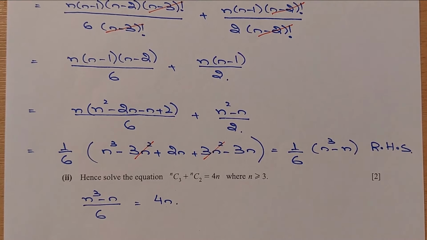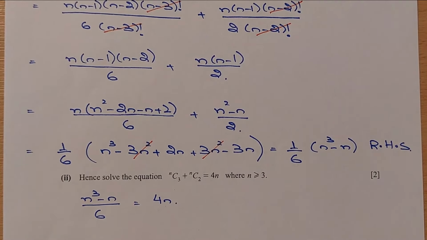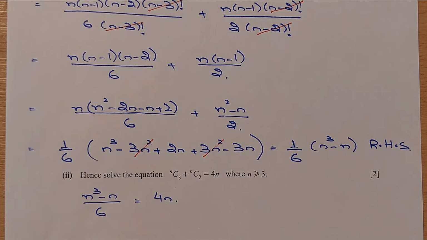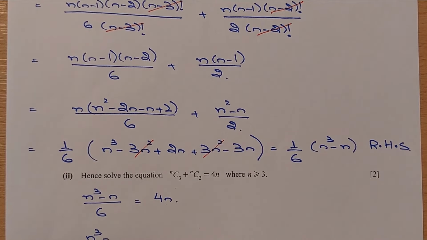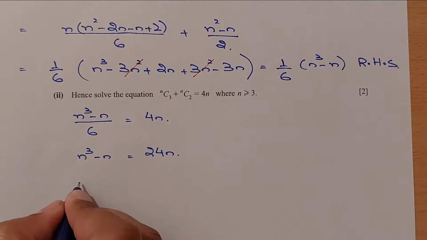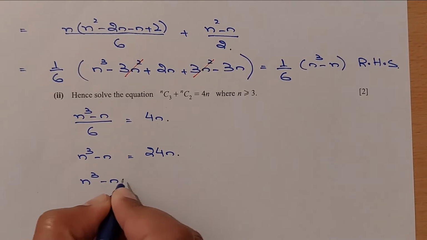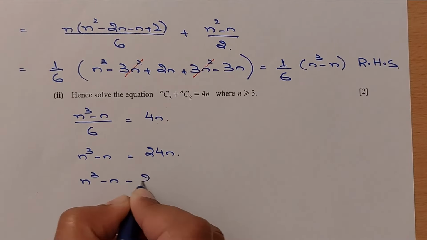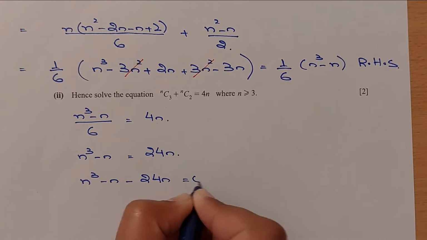So we have to do a cross multiplication. N times 4 is equal to 24. N cube minus n equals 24n, right? Shifting this 24n on the left side, we have n cube minus n minus 24n equals 0.